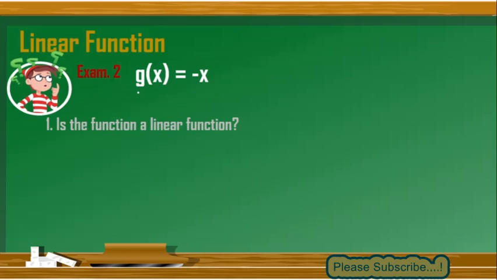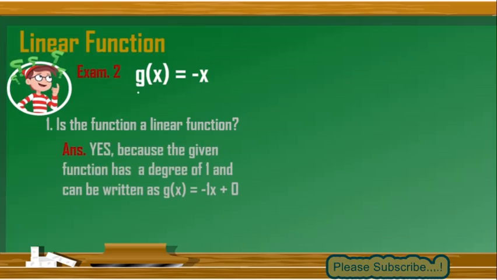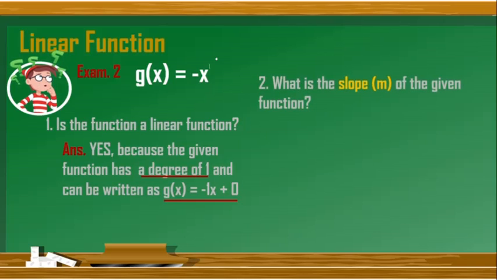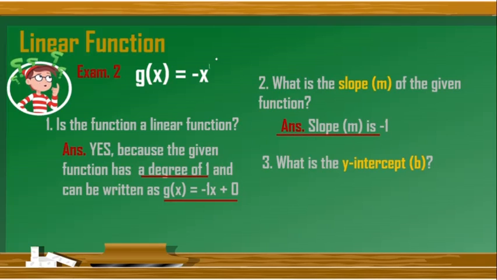Yes, because the given function has a degree of 1 and can be written as g(x) = -1x + 0, meaning the slope of the given function is -1 and the y-intercept is 0.